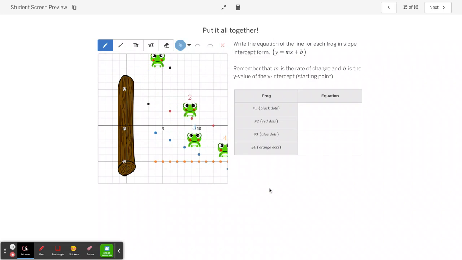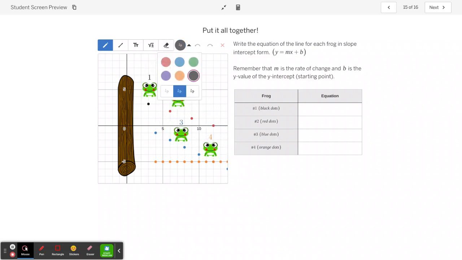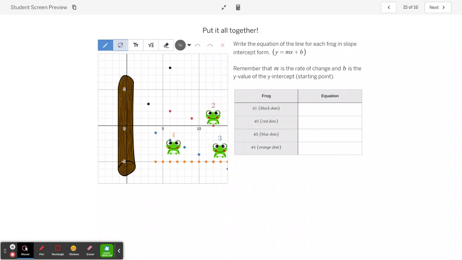This one might be a tiny bit more involved. You have 4 lines. You have the black dots, the red dots, the blue dots, and the orange dots. It is probably going to be helpful for a lot of you to use the sketch tool and the line tool and actually draw your lines on your graph. So this one, if I connect them through, would look like this. Now, the black dots, I need a rise and a run, or a y-intercept first.